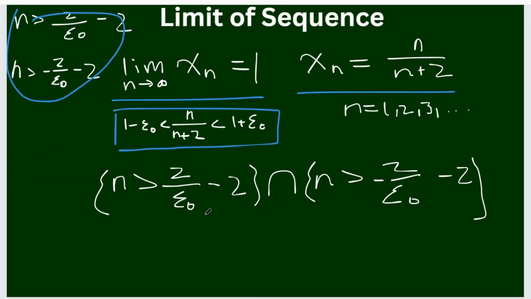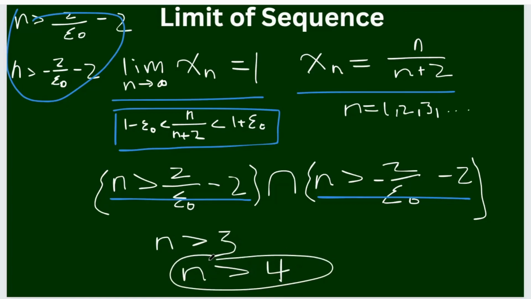Notice that n has to be greater than this, and n has to also be greater than that. If n is greater than two things, the solution is just n greater than the greater value. For example, if n is greater than 3 and n is greater than 4, then you're just looking at n greater than 4.